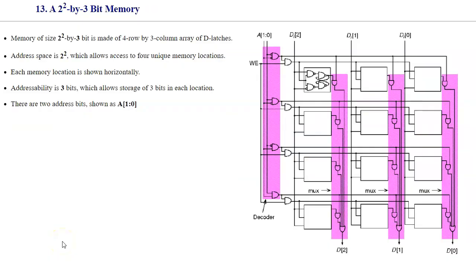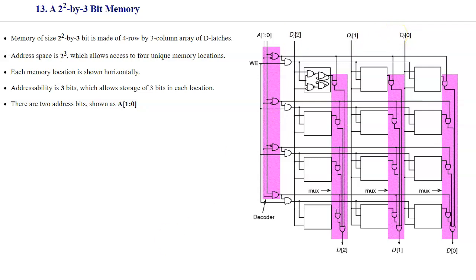This is a demonstration of a 2 by 3 bit memory, which means that we have 4 unique addresses in this memory, and this memory is a 3-bit data type memory. So we have 3 data inputs that we can supply to store in this memory.